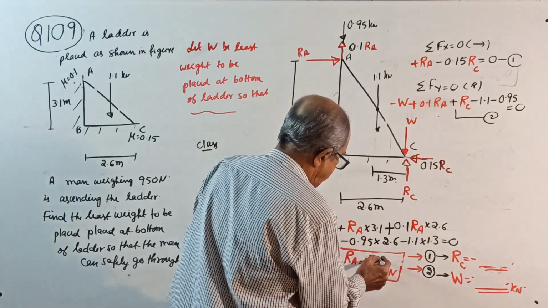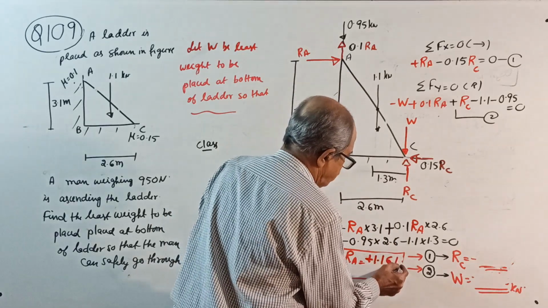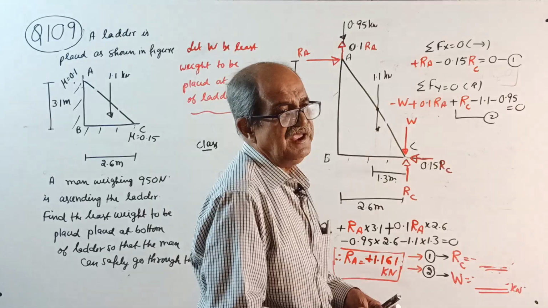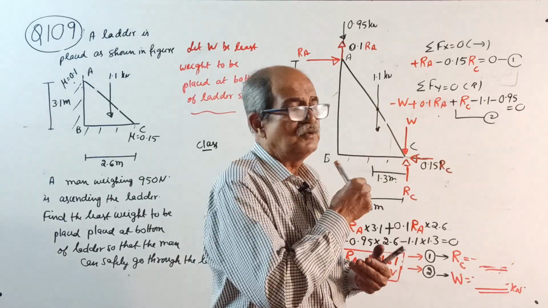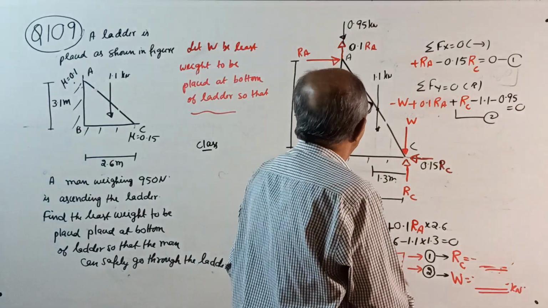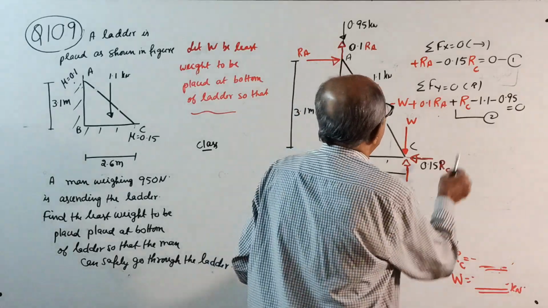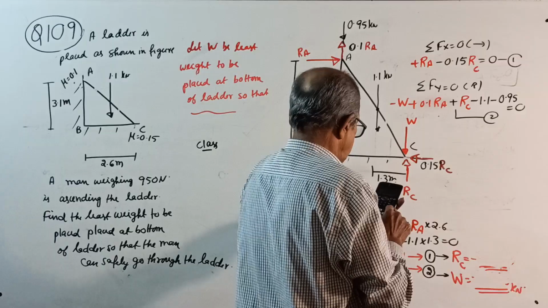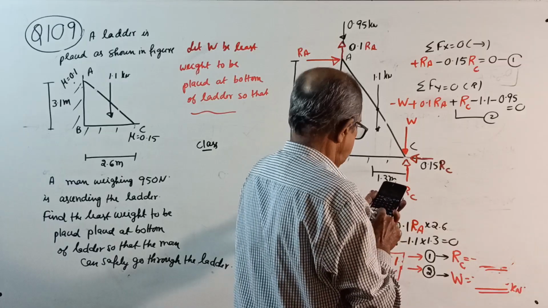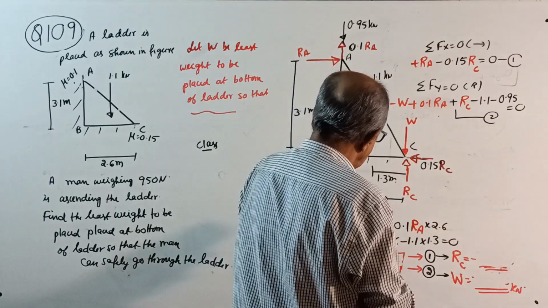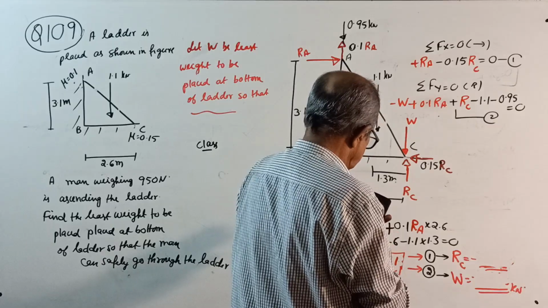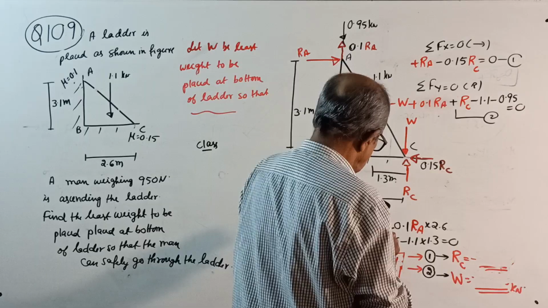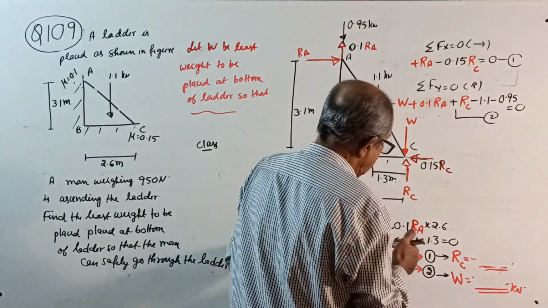If there is any calculation mistake, check the answer; don't make an issue of that. Substitute in equation 1: 1.161 divided by 0.15 gives Rc equal to 7.74 kilonewton.